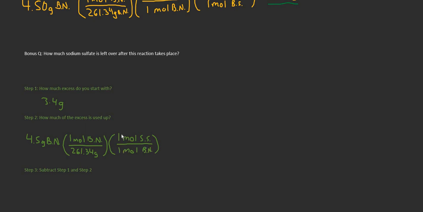You'll get these numbers from the balanced equation above. For every 1 mole of barium nitrate, there's 1 mole of sodium sulfate. In the final part of the stoichiometry, we're going to use the molar mass of sodium sulfate to get into grams of sodium sulfate, which is what we want the answer to be in.